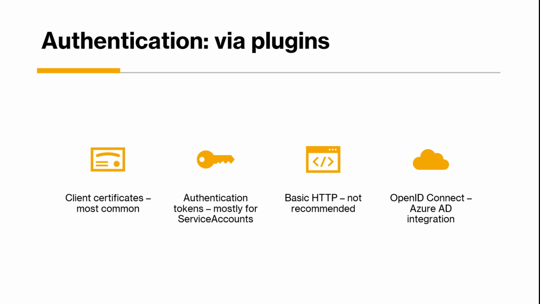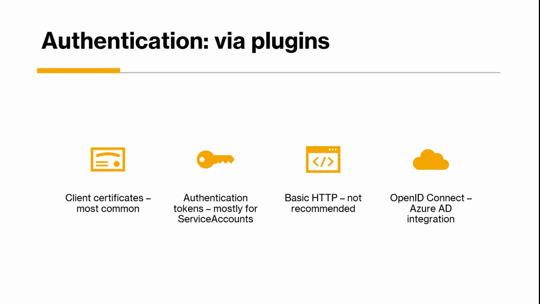In most enterprise environments, you will more often than not link with an external identity management system. That's done through OpenID Connect. For example, in an AKS environment, so Azure Kubernetes Service, it is very easy to integrate that with Azure AD, for instance. So that makes it easy to use users and groups defined in that Azure Active Directory.